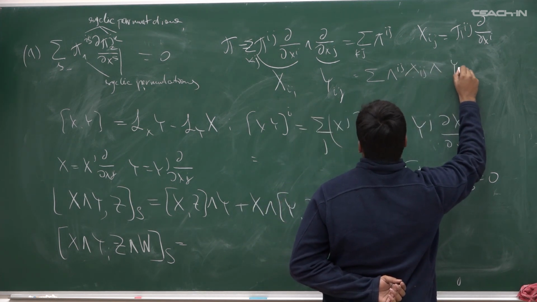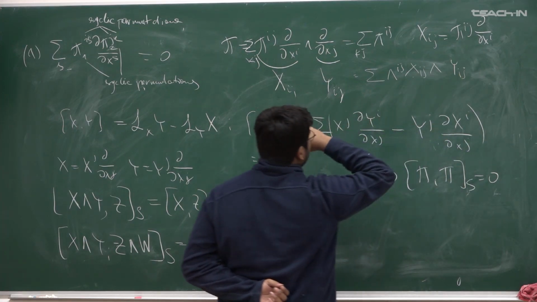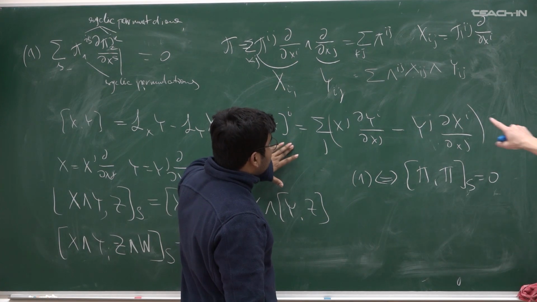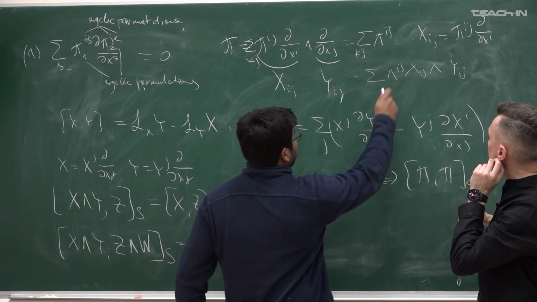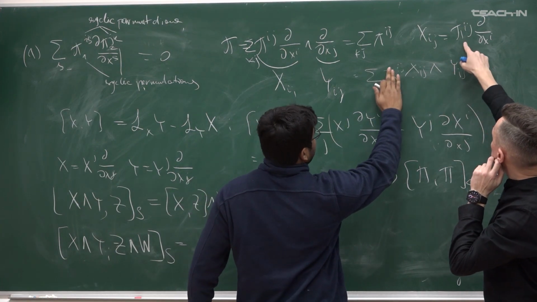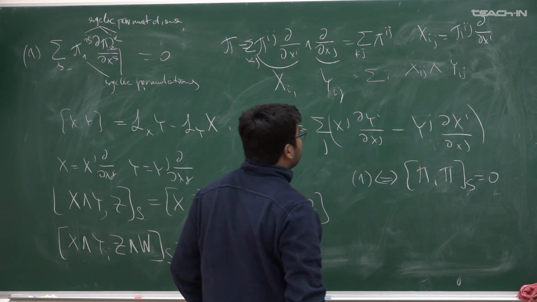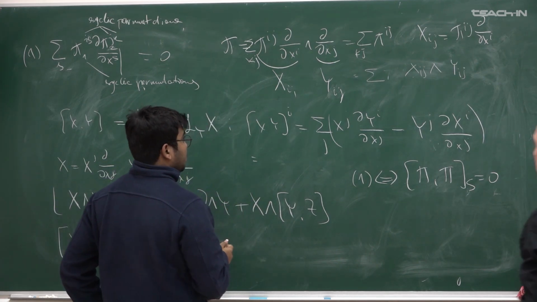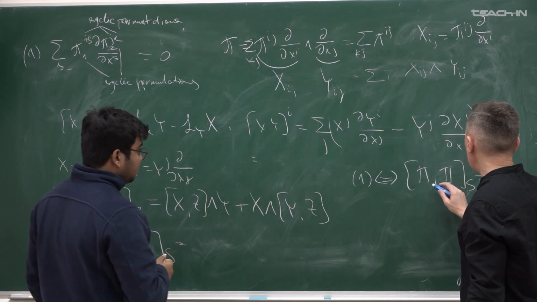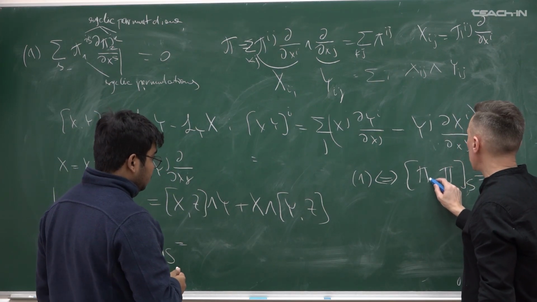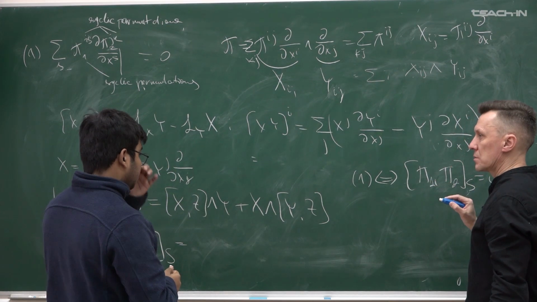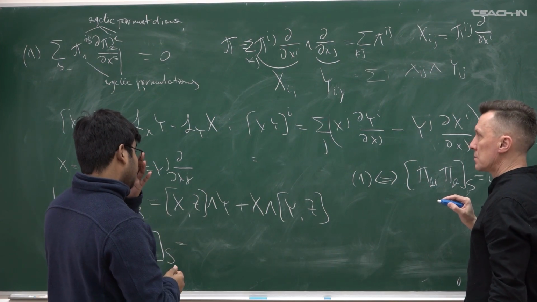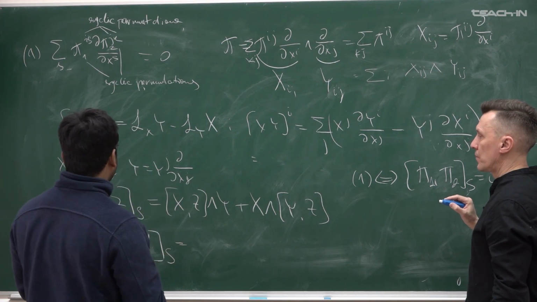But ij something like that. What is this? This pi? No, pi is already here. Yes, like this. And I'm sorry, we need the following: pi 1 and pi 2. Okay.